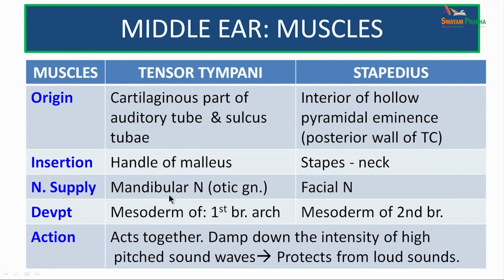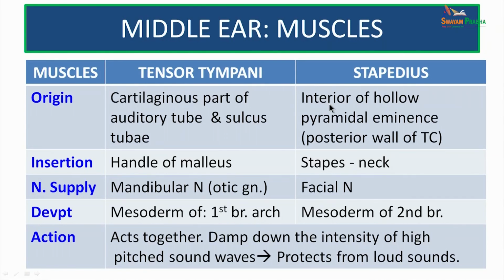It is supplied by the mandibular nerve, from where a connection comes to the otic ganglion, which does not have a relay over there. It is developed from the mesoderm of the first arch, which thereby justifies its nerve supply. The tensor tympani basically acts by keeping the membrane taut.